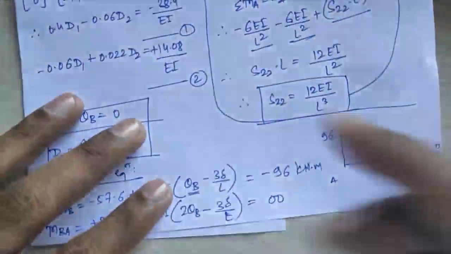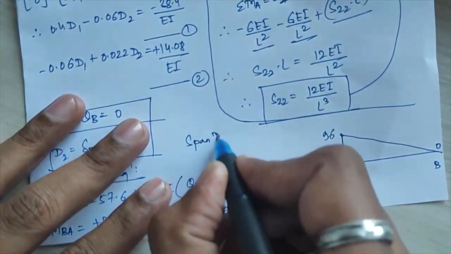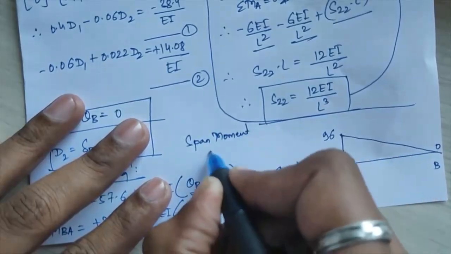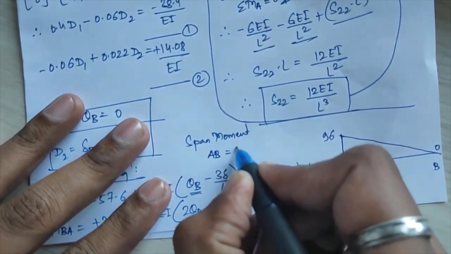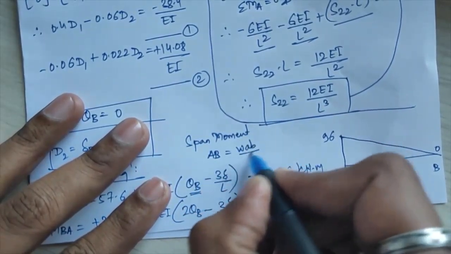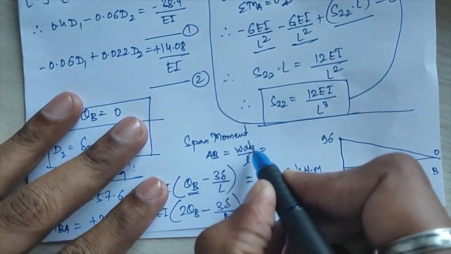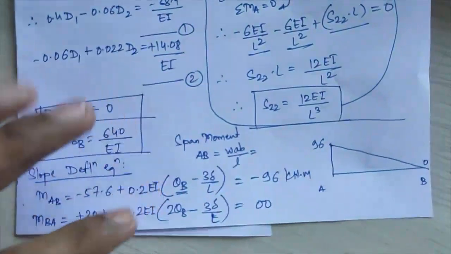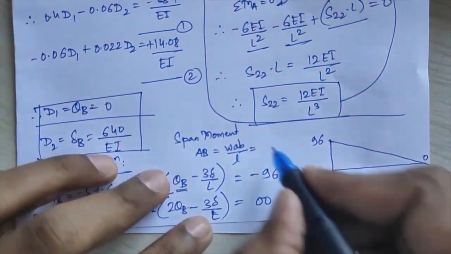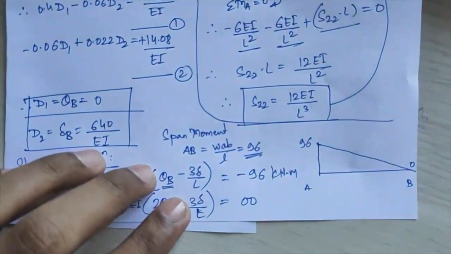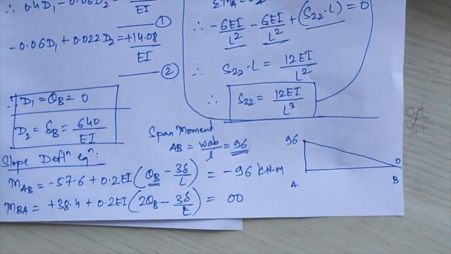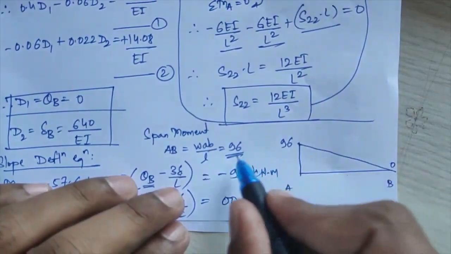Now next I have to plot the span moment. For span AB, a point load is given to you, so that will be WAB divided by L. W is 40, A is 4, B is 6, divided by L, which is 10. So the span moment I have got equal to 96 again. That is 40 into 4 into 6 divided by 10, so I am getting again 96.